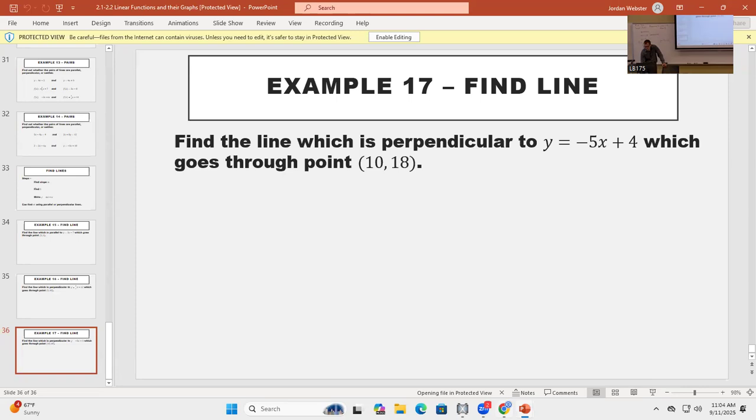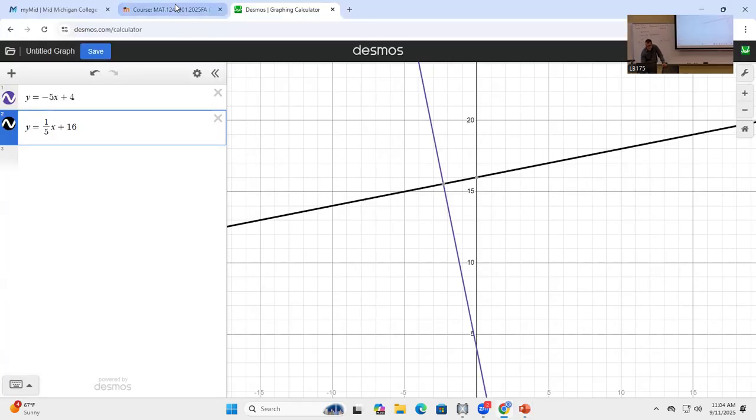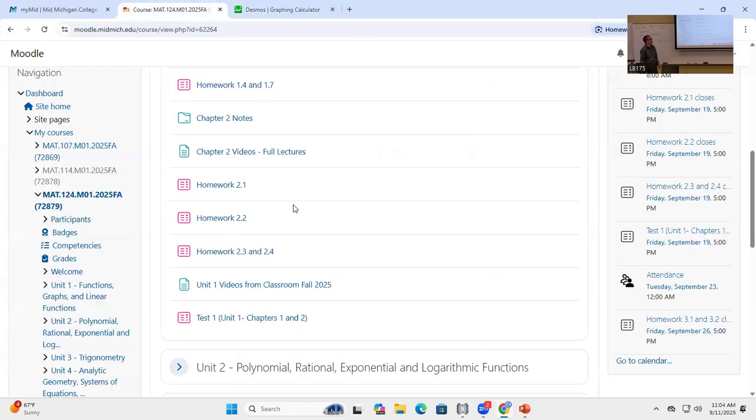What we just did is we went through both section 2.1 and section 2.2. It's structured a little bit weird in the book, so I combined them into one big lecture, because it does graphing in one and dealing with equations in the other, and it's really hard to separate that out.